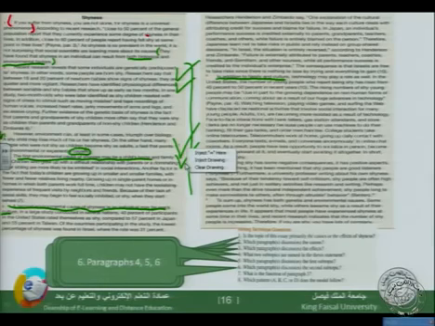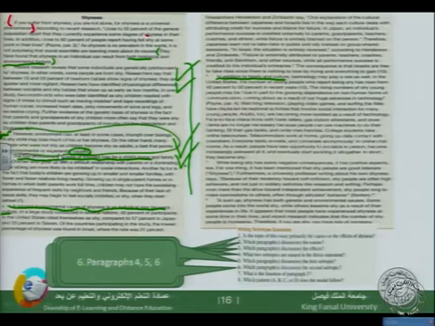So in paragraph number 3, right here, it talks about what? This is what we call a transition paragraph. A transition paragraph's function is to conclude what has been mentioned in the first paragraphs and then to start talking about what's coming.